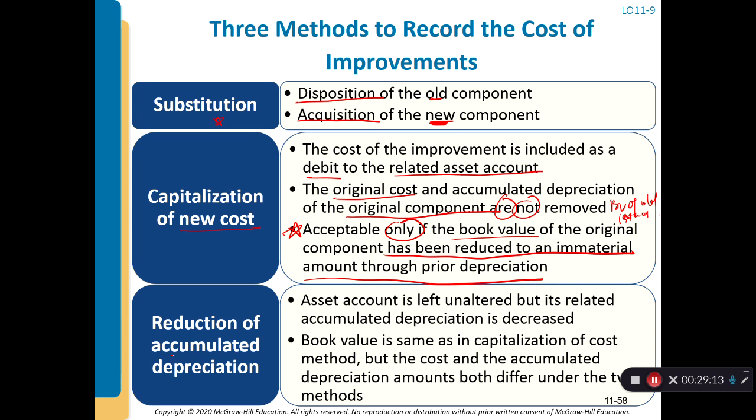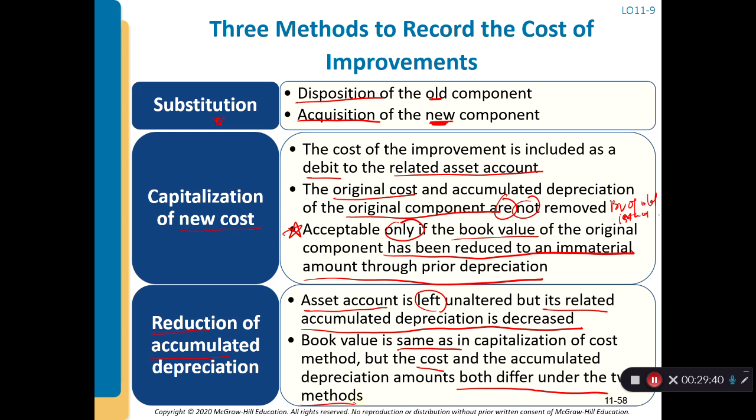And then the third choice is to reduce the accumulated depreciation of the old asset. The asset account is left unaltered, but its related accumulated depreciation is decreased by the amount of the new component. The book value is the same as in the capitalization of cost method, but the cost and accumulated depreciation amounts both differ under the two methods.